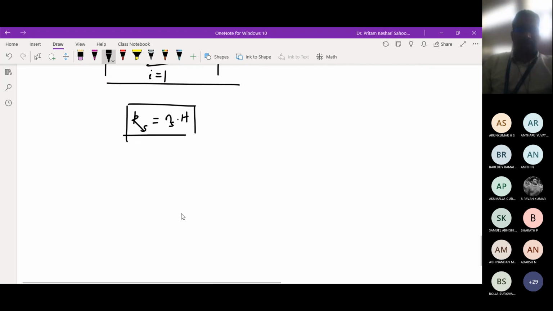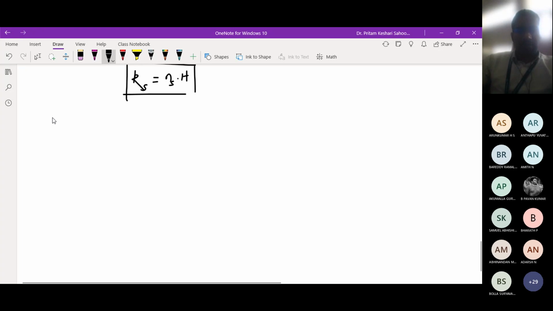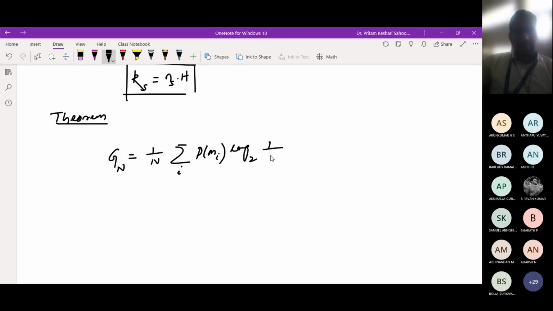No. So let us come to one theorem of Markov process. So the theorem tells the value of one parameter Gn, this equals 1 divided by n, summation of i, probability of mi into log base 2 of 1 divided by probability of mi.